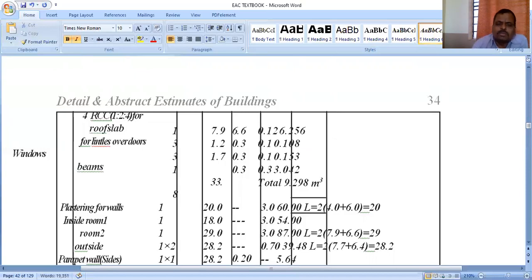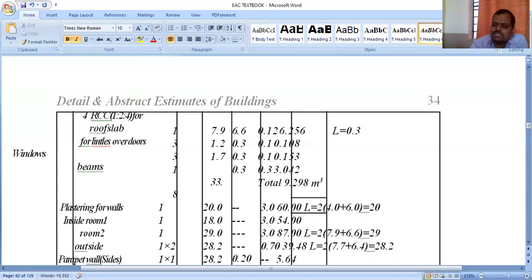Because the total slab volume will be length multiplied by width multiplied by the thickness of the slab. So how to calculate the length: first of all, we have to consider the thickness of the wall. It will be 0.3 meter.